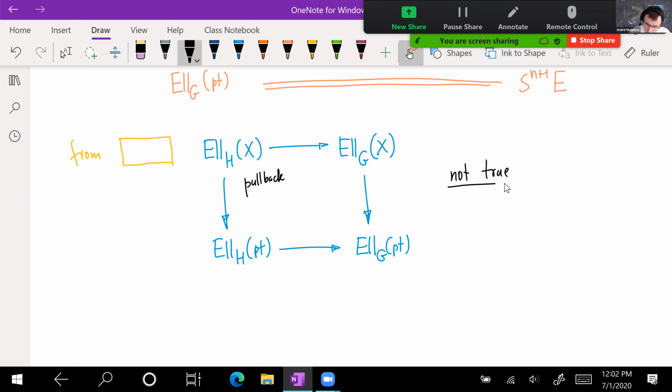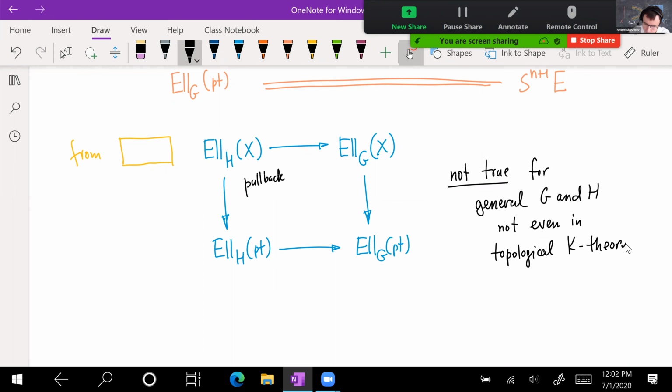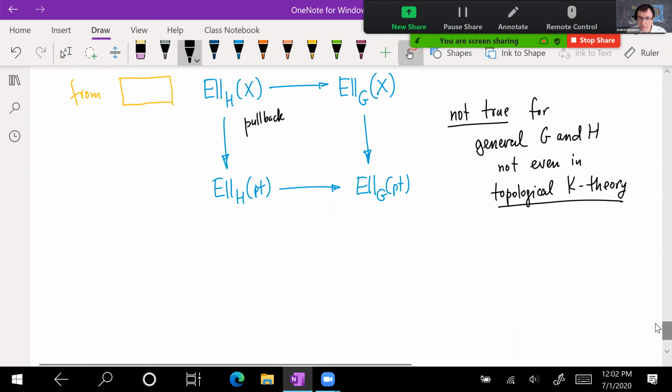It's not true for general G and H, not even in topological K-theory. And the counterexample is sort of embarrassing.